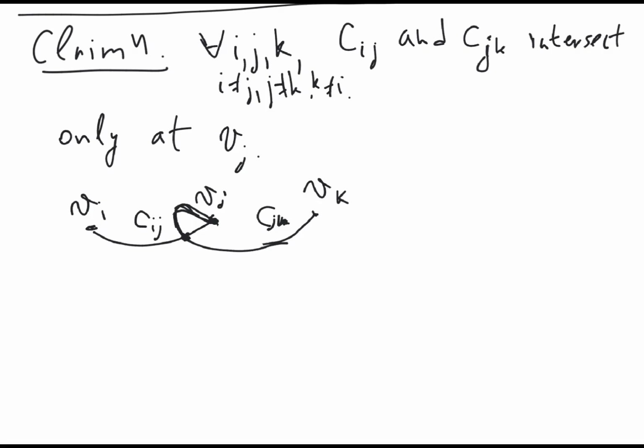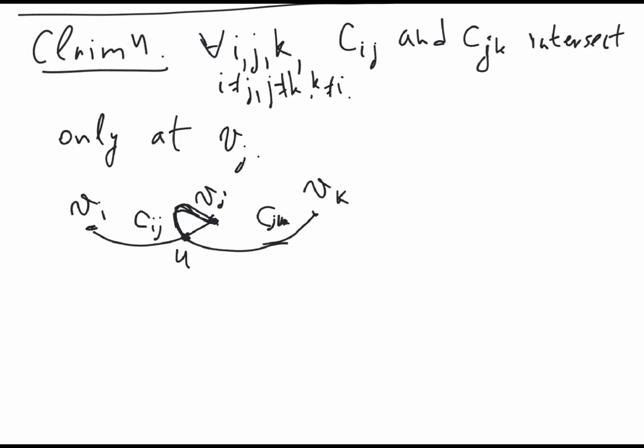So let's prove this. Suppose by contradiction that there is such a vertex, and we will use a similar argument that we already used multiple times.